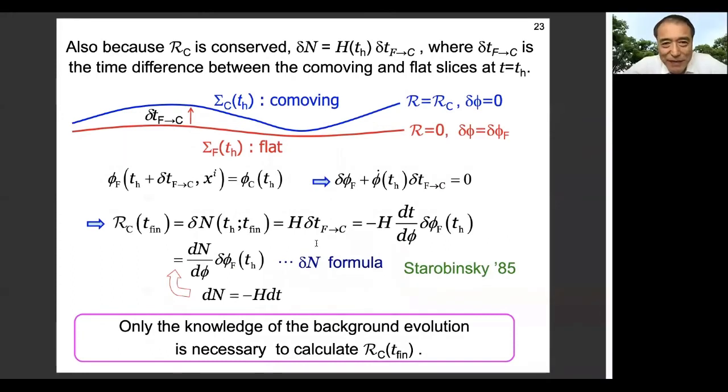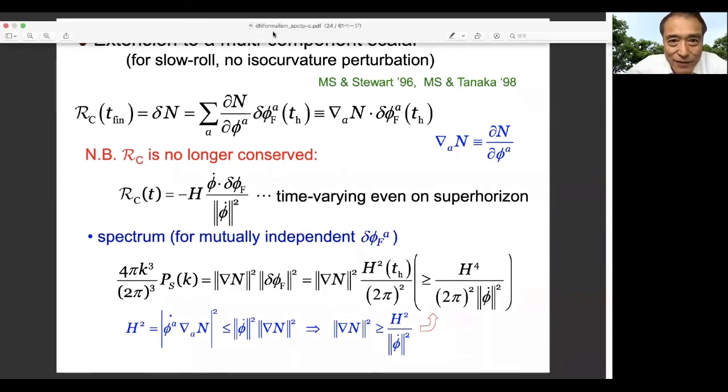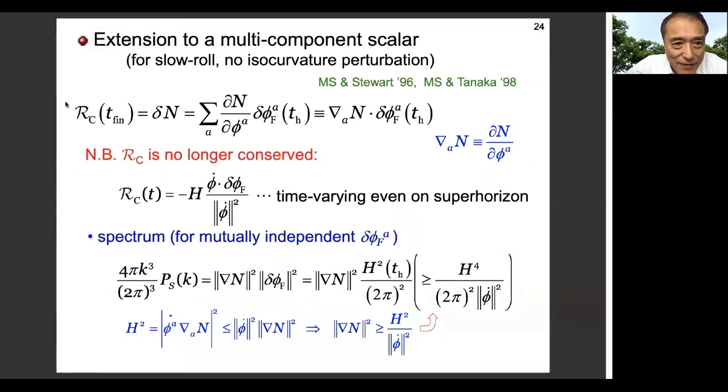Yeah, but this is kind of a... maybe I shouldn't include this, but forget for the moment about this single field case, okay? As I said, this is the definition, right?